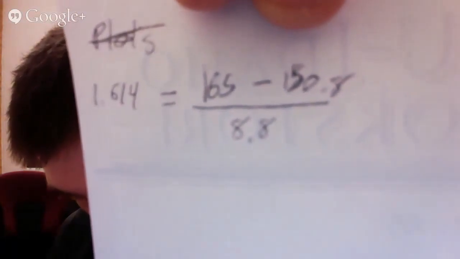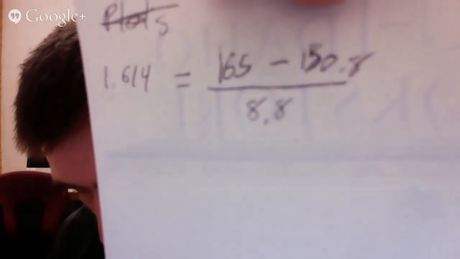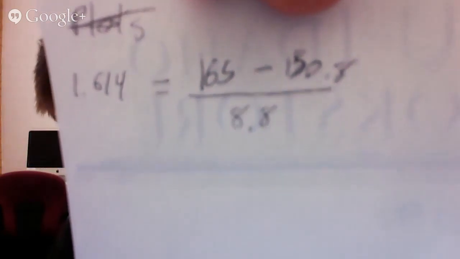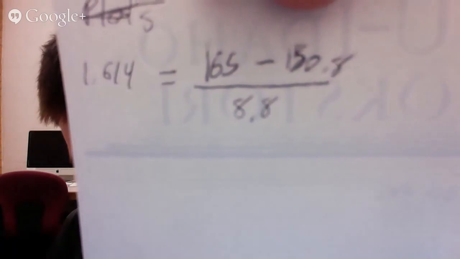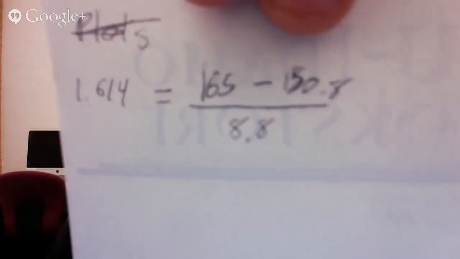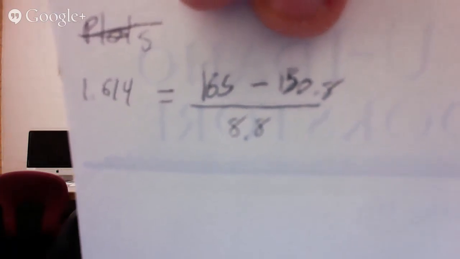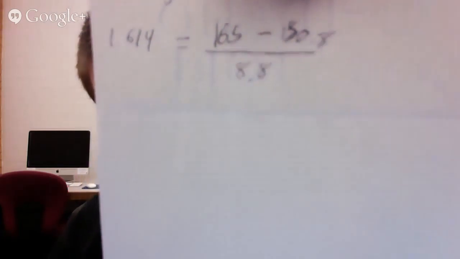I wonder, can you see this? Yeah. So I hope this is okay. I put 150.8 as part 2 of the top fraction, if that makes sense. Yeah, I got that. So what are you asking? You have 150.8, right?